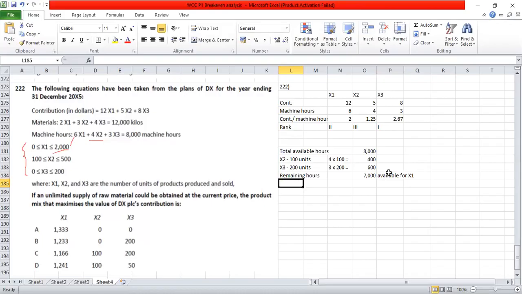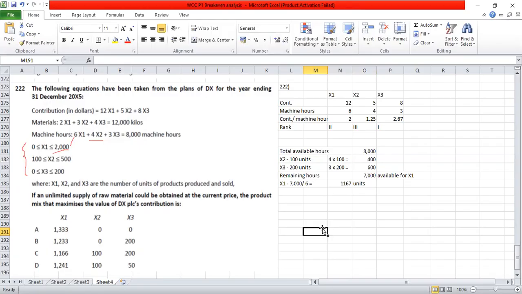So for X1, the calculation would be: total availability is 7,000, and each unit requires 6 hours. So how many units? 1,167 units.